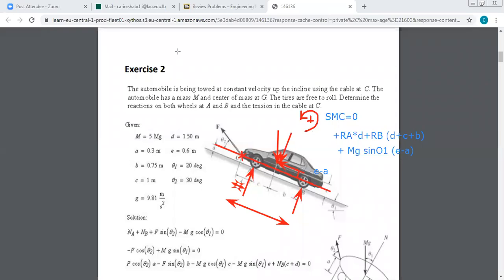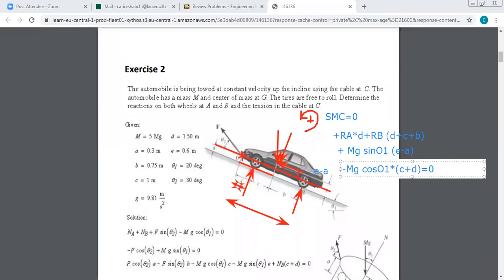Okay, and I should multiply it by the distance. The distance from the y component to c is this one. This distance is equal to what? To d plus c. So I should do here minus mg cosine theta 1 times the distance c plus d equals 0.